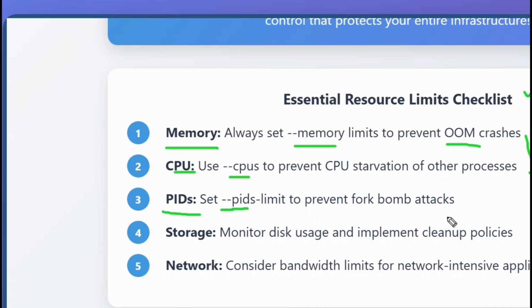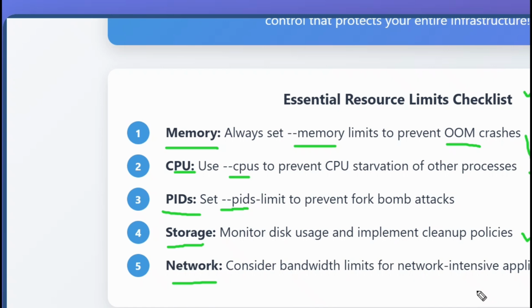That will basically block fork bomb attacks. And storage, we need to monitor disk usage and implement cleanup policies regularly. And network, we need to consider bandwidth limits for network intensive applications, which have high traffic.